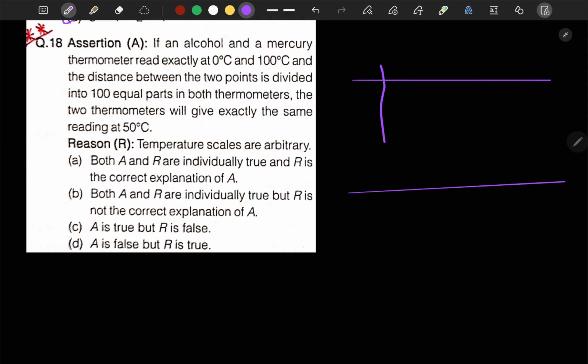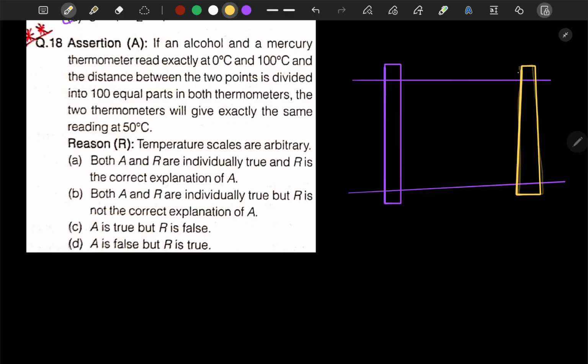There is an alcohol type thermometer here, and there is a mercury type thermometer. It is mentioned that the thermometers read exactly 0 degree Celsius.